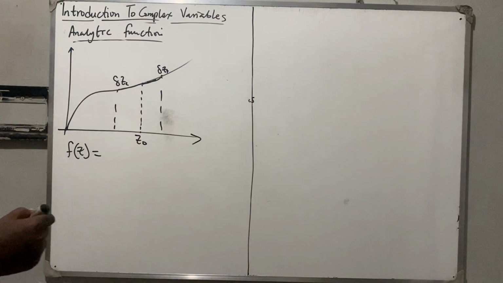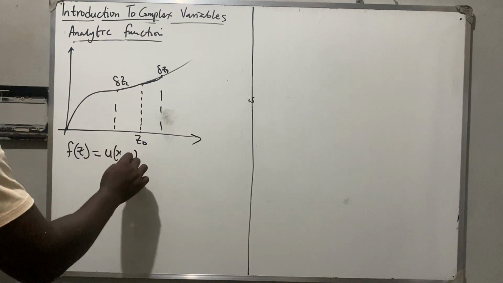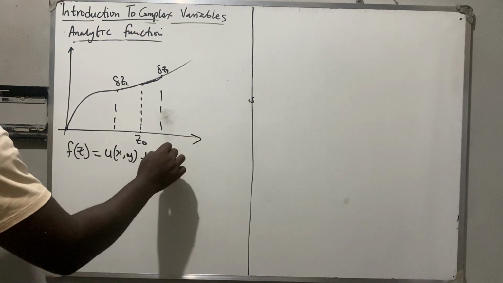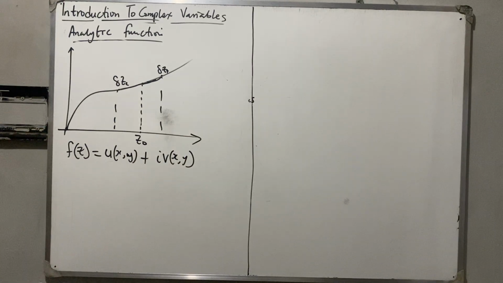So that complex variable is supposed to be in real and then imaginary part before we can now test for analyticity, or to check if it is analytic. Now, how do we check it?